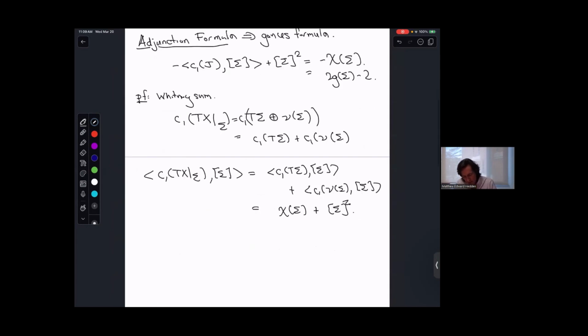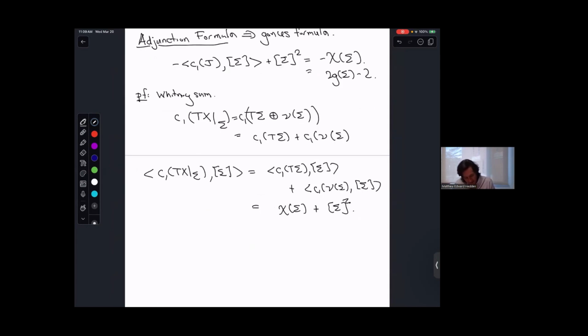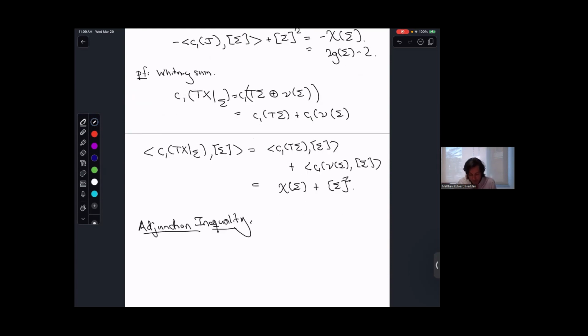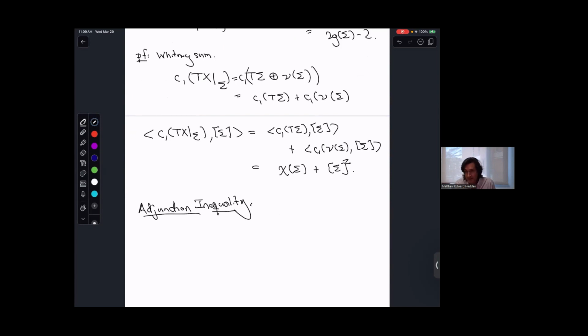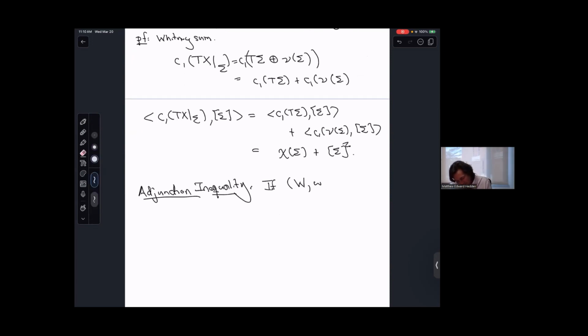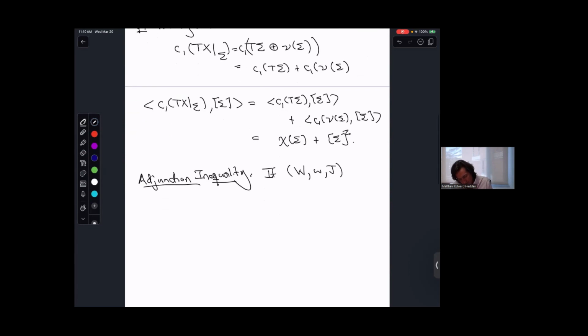So if you had a complex curve, you know what its genus is, and now you want to say that that's the best possible, and this comes from the adjunction inequality, and this is where gauge theory enters the picture. If you have a non-vanishing result for some four-manifold invariant of the types that we understand and have seen to this stage in history, then you get this adjunction inequality. So let's, in this case, assume that W is symplectic.